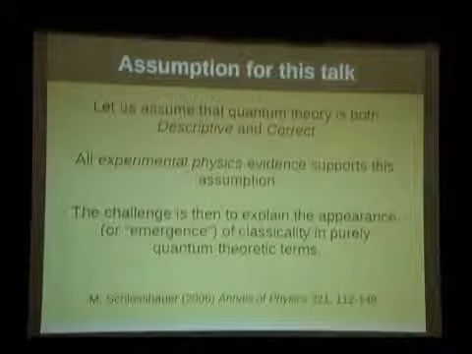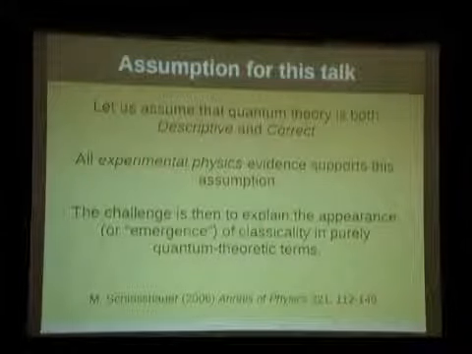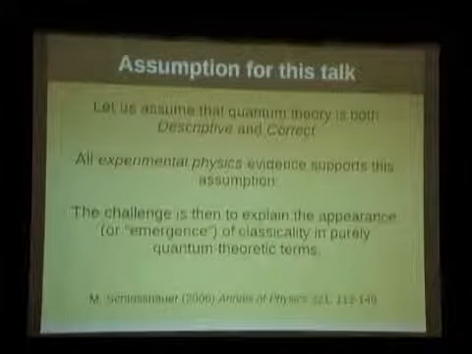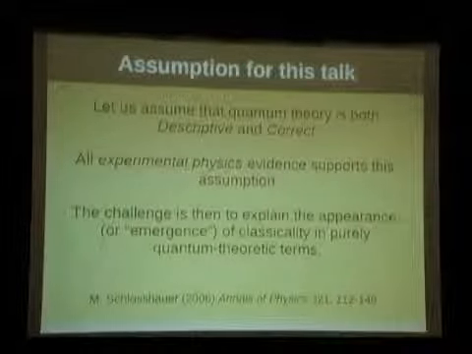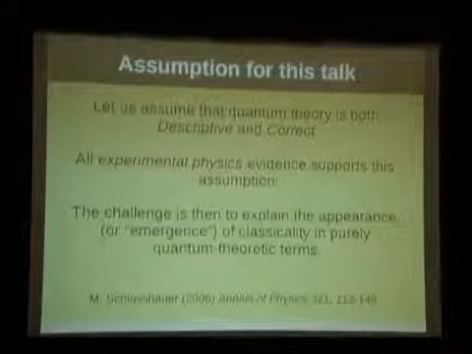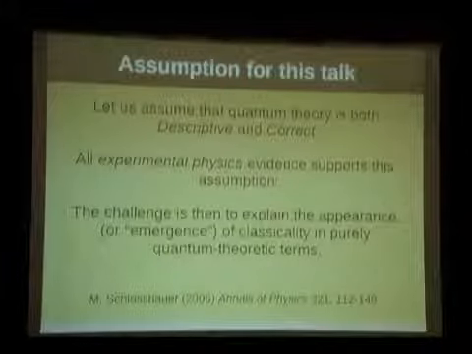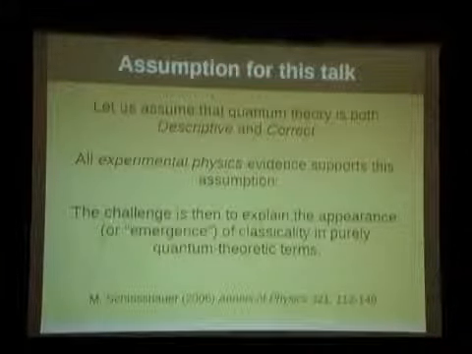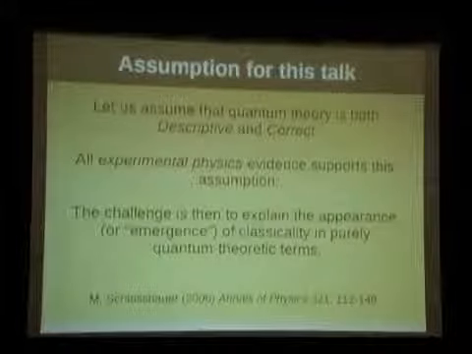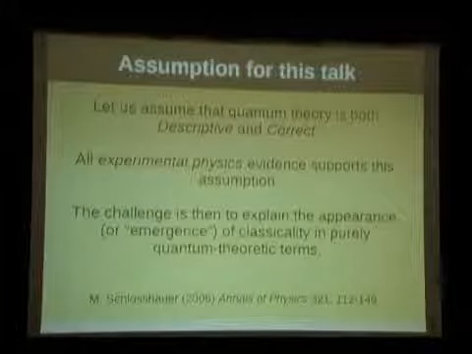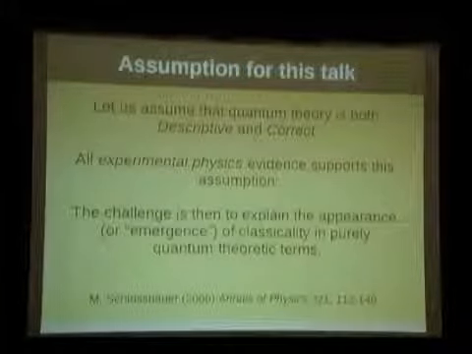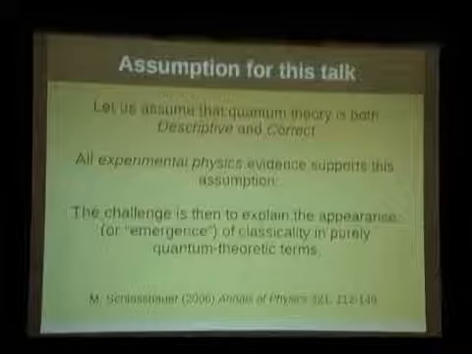So something's going on that looks a whole lot like quantum theory. So it gives us at least some justification to think that quantum theory is true. And this is a nice paper that just reviews some of these experiments. It's a little bit old. But the challenge, if quantum theory is true, is to explain this emergence of classicality in purely quantum theoretic terms, no additions.